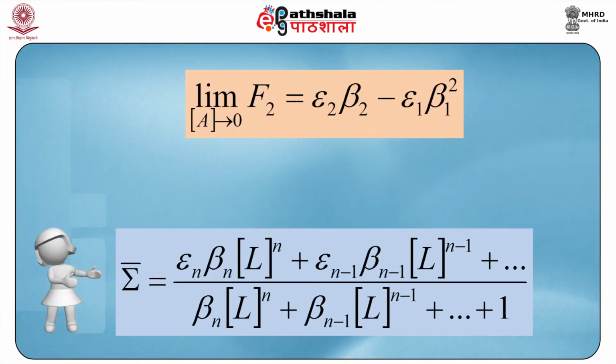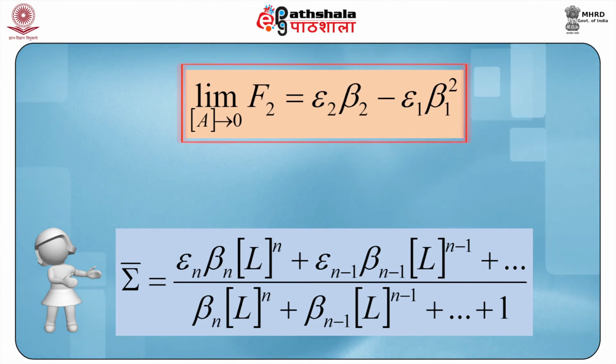Applying the limit when concentration of A approaches 0 to function f2, this is represented by this equation: limit concentration A approaching 0, f2 is equal to epsilon 2 beta 2 minus epsilon 1 beta 1 square.